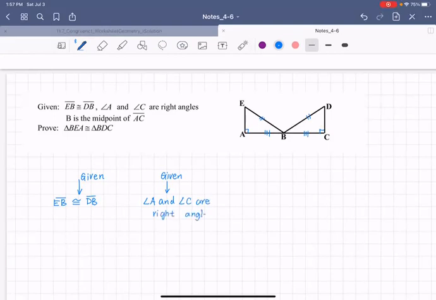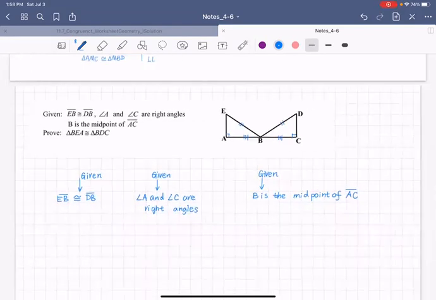Next. Given B is the midpoint of line AC. Okay. Next. Triangle BEA is congruent to triangle BDC because of LL.